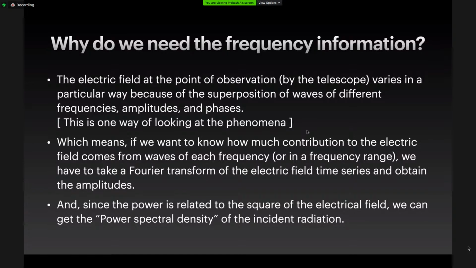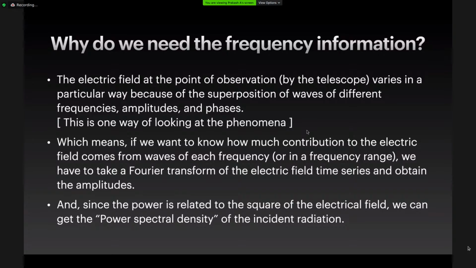So at this point, I hope it's clear to everyone that we are trying to measure the electric field from the radiation that is falling in. And the electric field vector is a superposition of contributions from individual waves of different frequencies, or in a frequency range, that are superimposing and creating this net electric field that we are trying to observe.